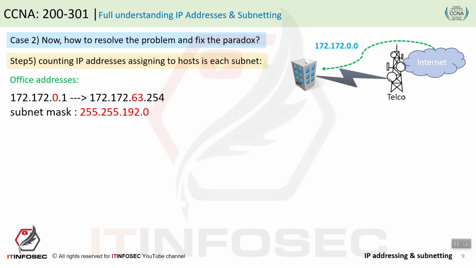The first office IP address that we can assign to computers is 172.172.0.1 until one before the next subnet.